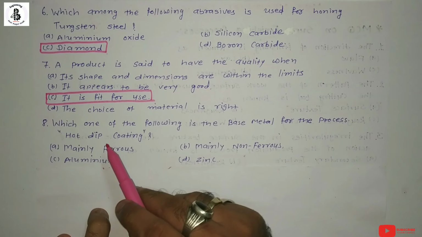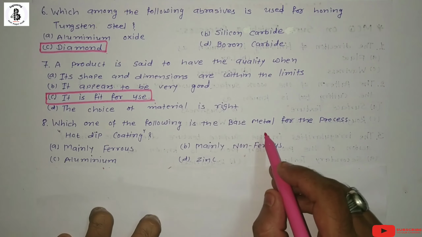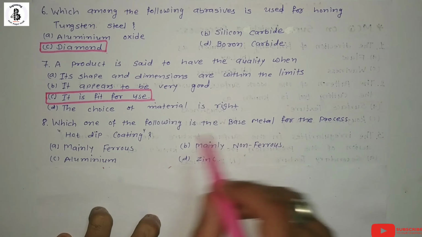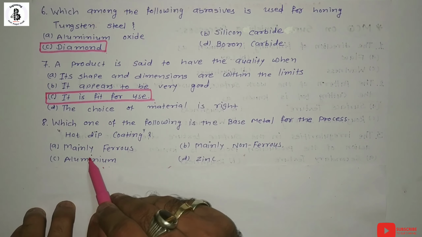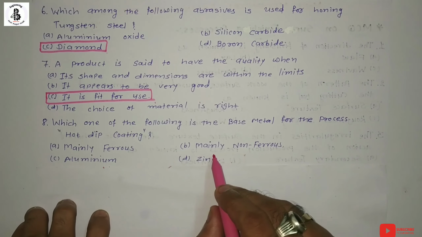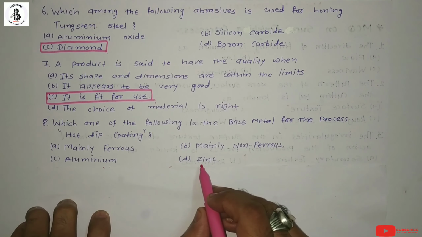Then next, which one of the following is the base metal for the process of hot dip coating? Option A, mainly ferrous. Option B, mainly non-ferrous. Option C, aluminium. And option D, zinc.